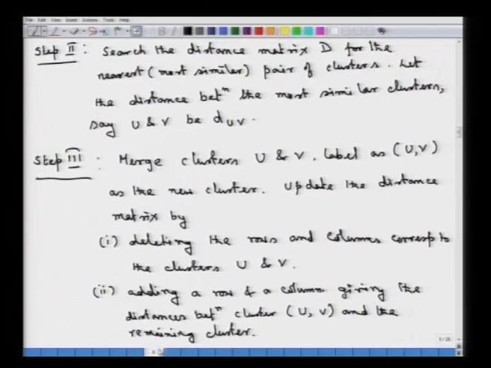So, once we have that updation done, at this particular point we will have a distance matrix which is going to be n minus 1 cross n minus 1, because there are n minus 1 clusters.